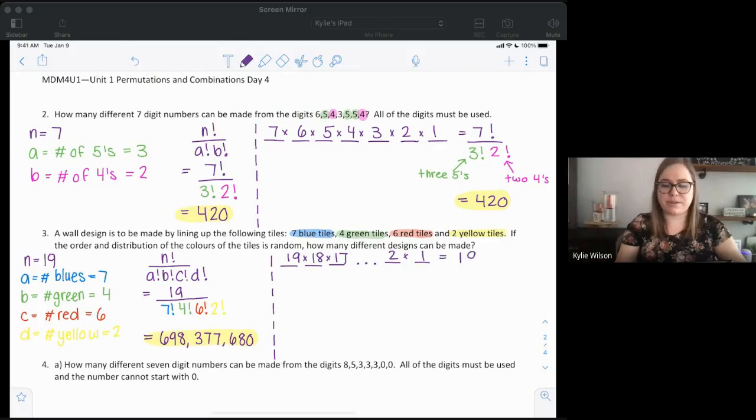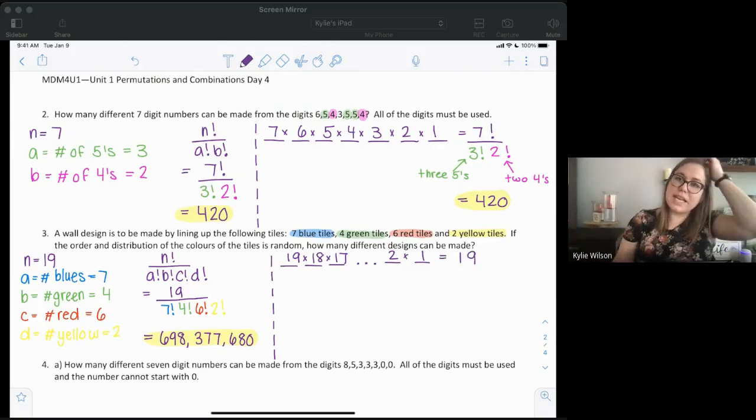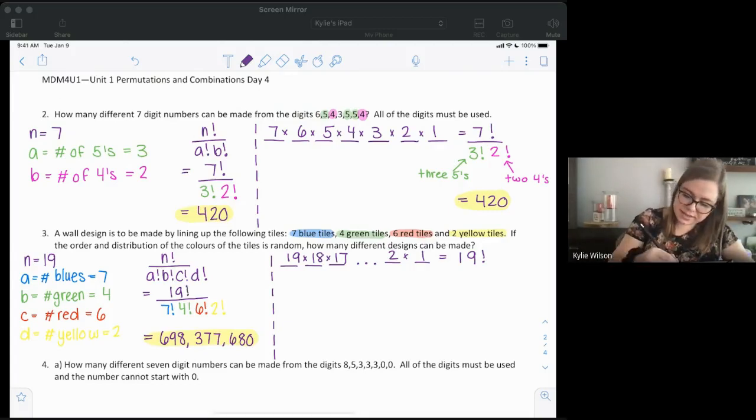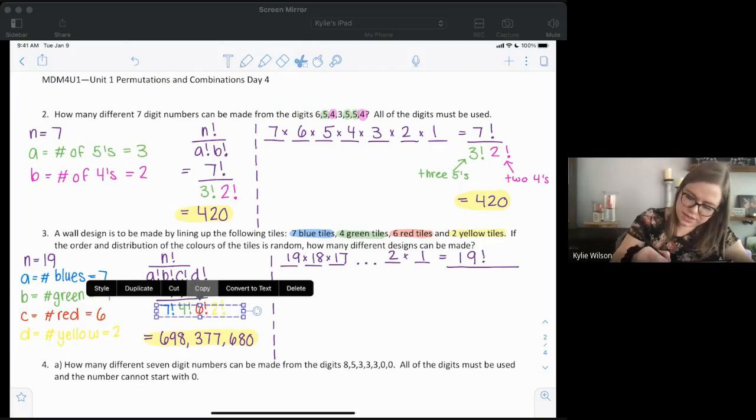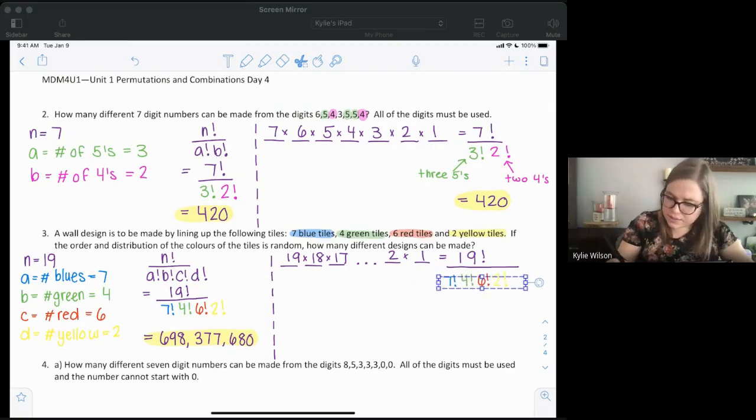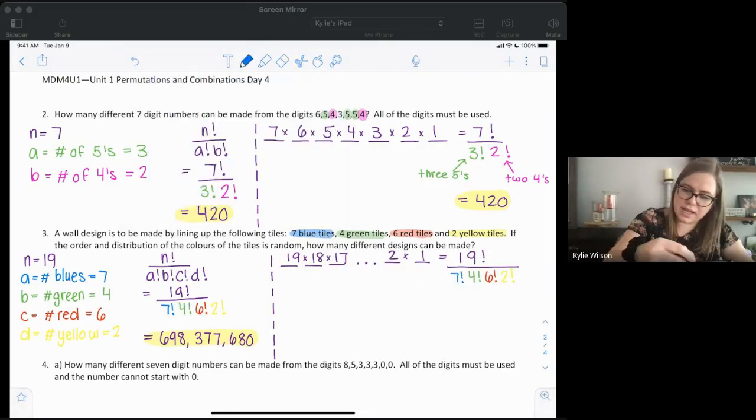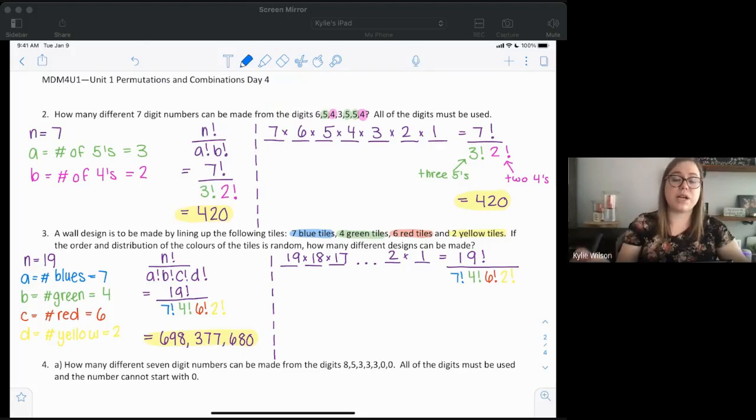So that will equal 19 factorial different ways. And then I have to divide out the same numbers from over here. I divide out the 7 factorial because we have 7 blue tiles, and I need to account for all the arrangements of those mixing themselves up amongst one another.